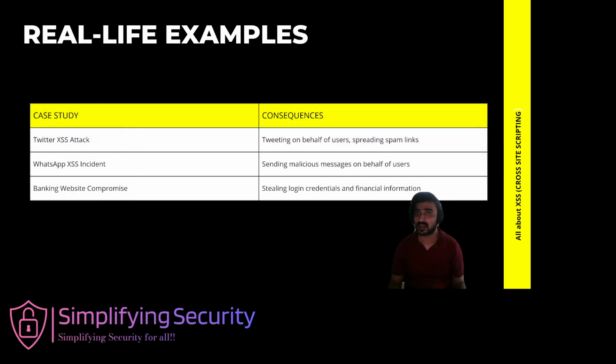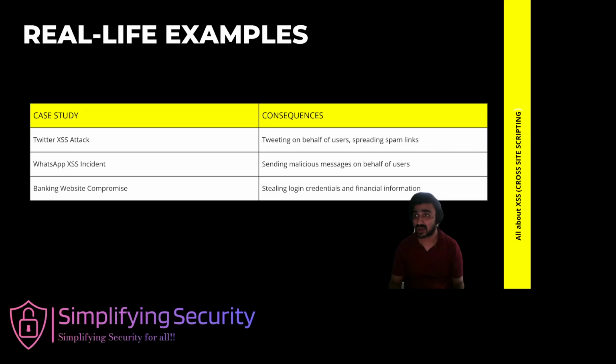And there are real life examples where XSS has created bigger issues. There was an issue with Twitter, where a parameter was vulnerable to XSS, and it allowed attackers to tweet on behalf of other users and spread spam links.